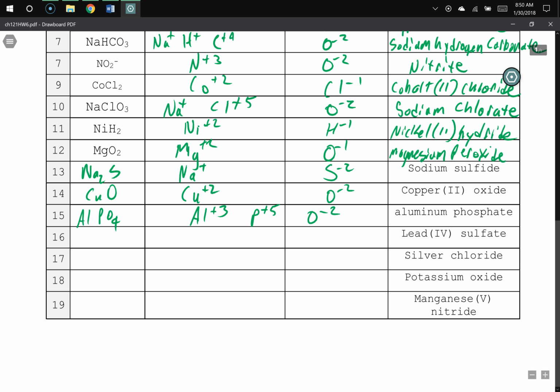Okay. All right, so lead 4 sulfate. Great. So I was told the lead has a +4 charge on it. And we can do this one the same way we did the last one. The sulfate is an SO4 -2. So the formula here is going to be 1 lead and 2 sulfates to get the charge to cancel out.